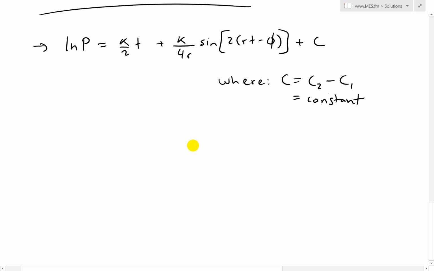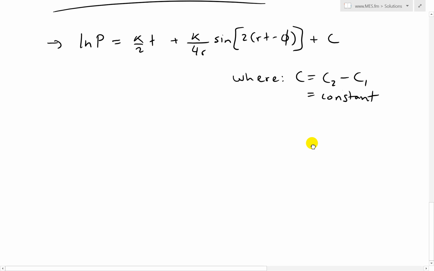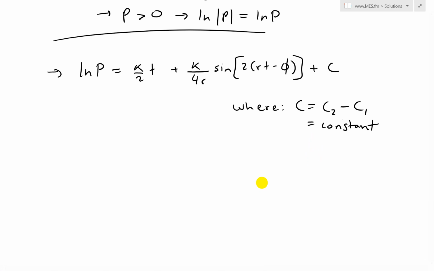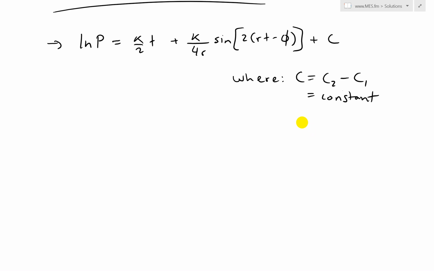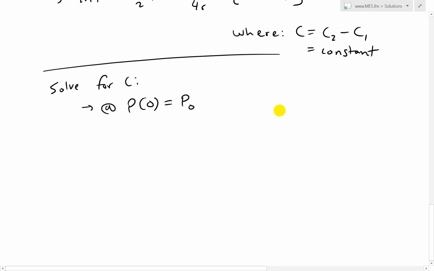Okay, so now that we have this, let's solve for c, since it's all separate by itself, instead of solving for p right away. So let's solve for c. And we know that at p0, the initial population, we're just terming that as p0.